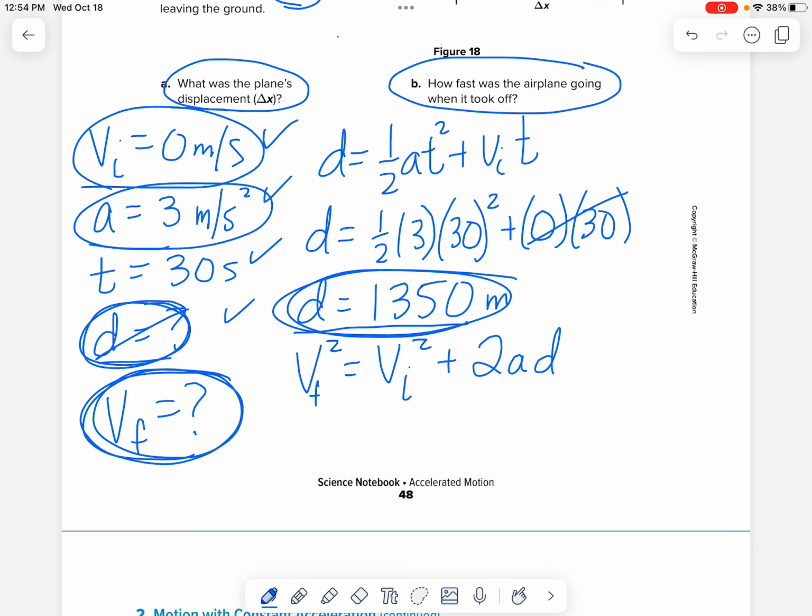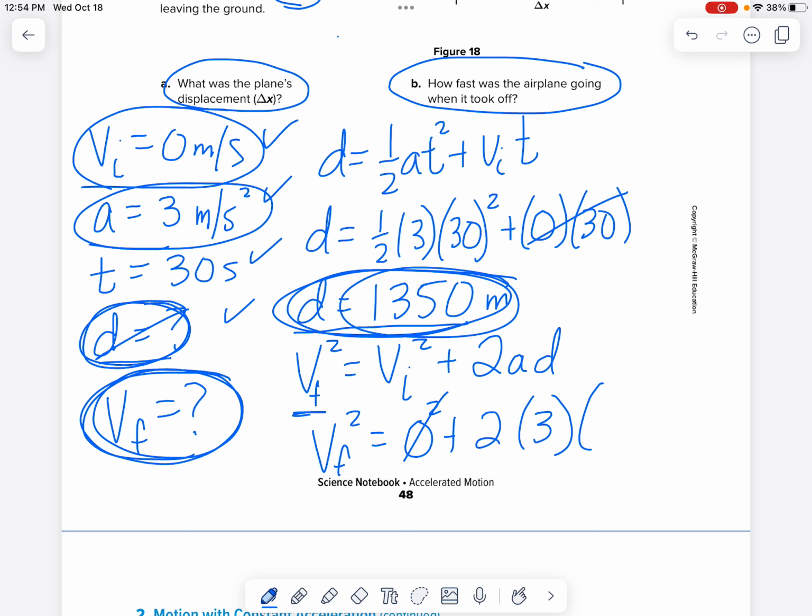This time I'm solving for the final velocity. Plug in what I know. The initial velocity is 0, so 0 squared is still 0, plus 2 times a, which is 3, times the distance, which I just found from the previous part.